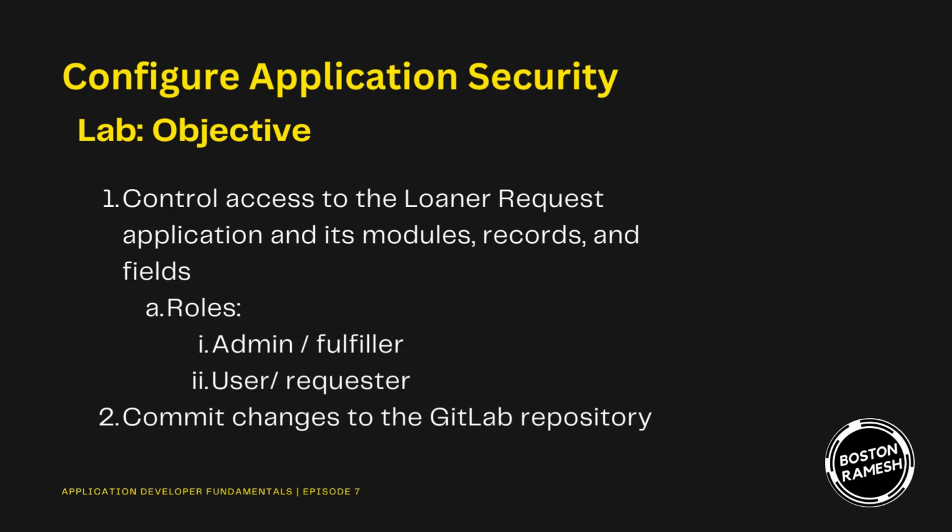And the user should only see those loaner request records in the self-service view, not in the default view. Finally, I also wanted to test if a user logs in with no specific roles, no admin role or no user role, just any other ServiceNow general user, that person should not be able to see any of these loaner request applications. I mean, no menu access, no module, no field, no row.